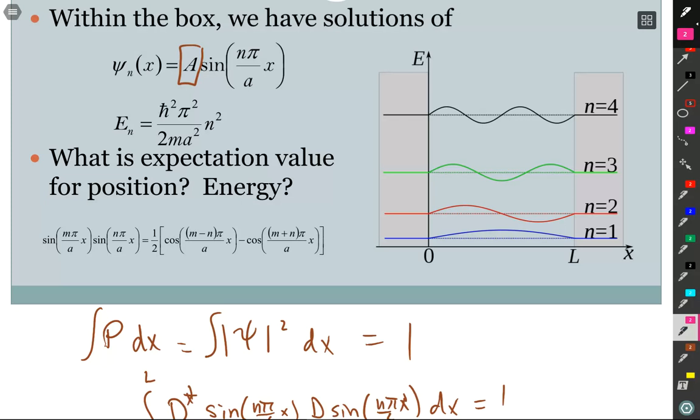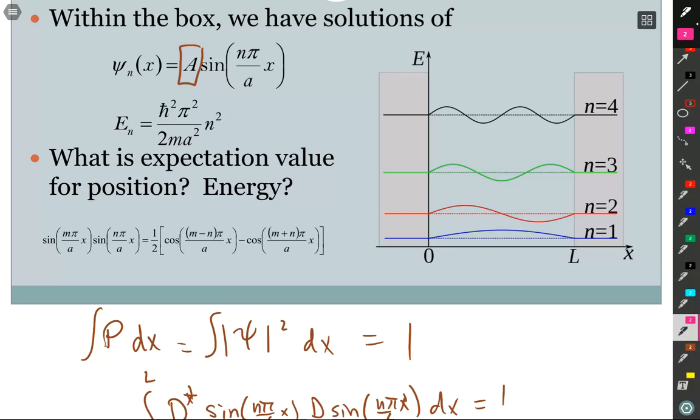A single one? So wouldn't this follow the n equals 1 path then? Well, if it's a particle in the box, no, n is not the particle's, n is the energy state. But if I have a particle in the box, knowing nothing else, where would you expect the average position to be? Take a whole bunch of measurements of this position, where do you expect it to be? Center. At the center, right? That's pretty common sense. And it turns out that's the correct answer.